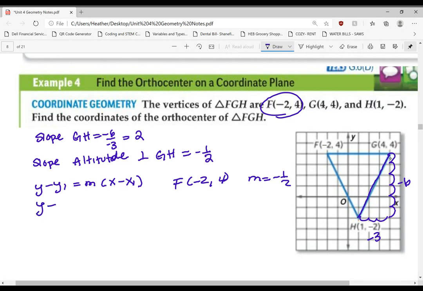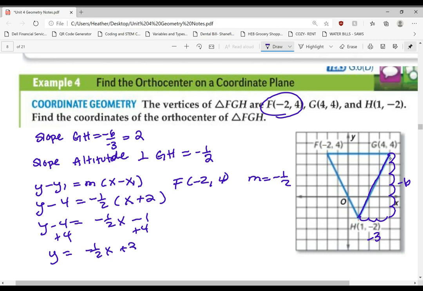So y minus 4 is negative 1/2 times x minus negative 2, so plus 2. If I simplify this, you guys should be able to do this. This is algebra. I get y equals negative 1/2 x plus 3. So this line right here is one of the lines on this triangle.